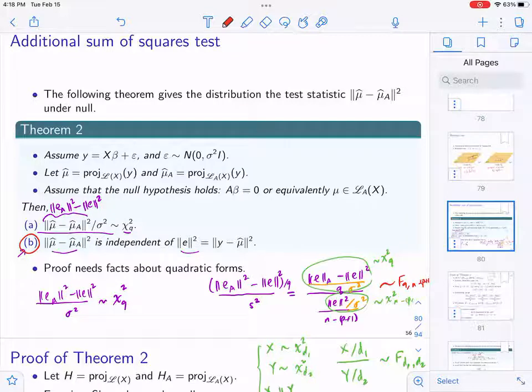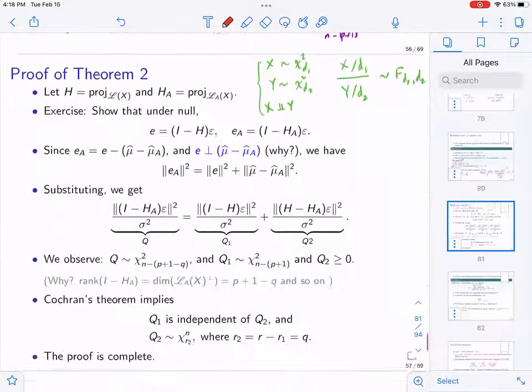Any other questions? The only thing we haven't proved yet is this. We'll prove this later. But if you agree to this, then the F follows.